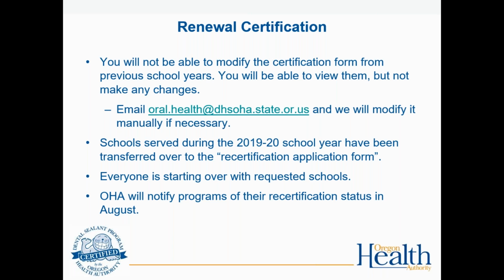You won't be able to modify your previous years, which would be this year and before. If you need to make a modification, then let us know, and we will make a manual change if needed. And the current 2019-20 school year has been transferred over to the recertification application form.